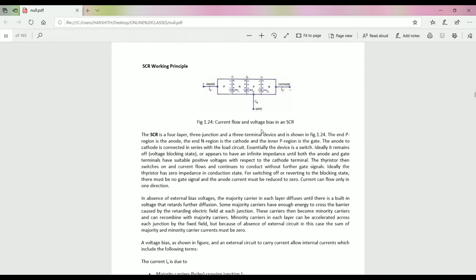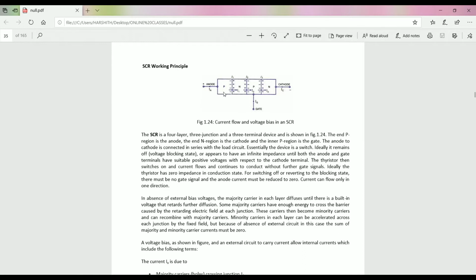In the forward blocking state, if the forward voltage is increased, the current remains almost zero up to a certain limit. At a particular value, the reverse biased junction J2 breaks down and the SCR conducts heavily.